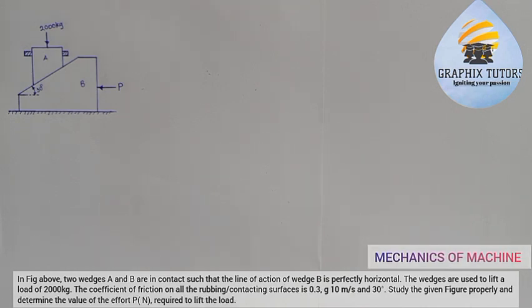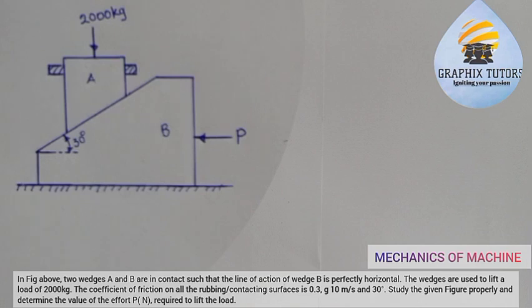two wedges A and B are in contact such that the line of action of wedge B is perfectly horizontal. The wedges are used to lift a load of 2,000 kg. The coefficient of friction on all rubbing or contacting surfaces is 0.3.